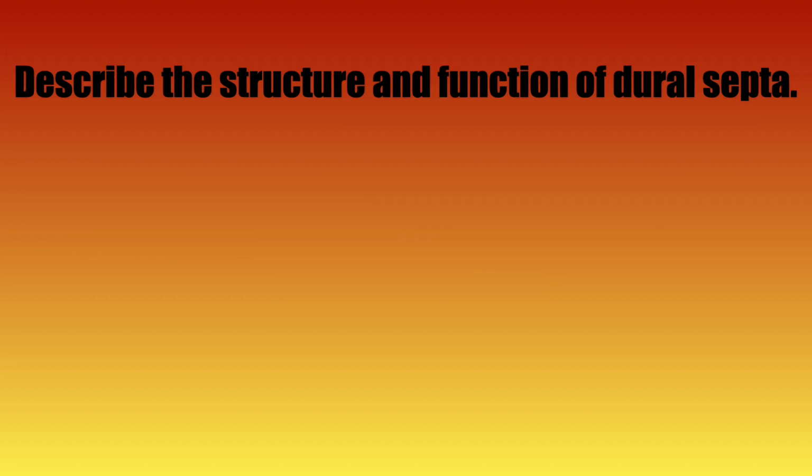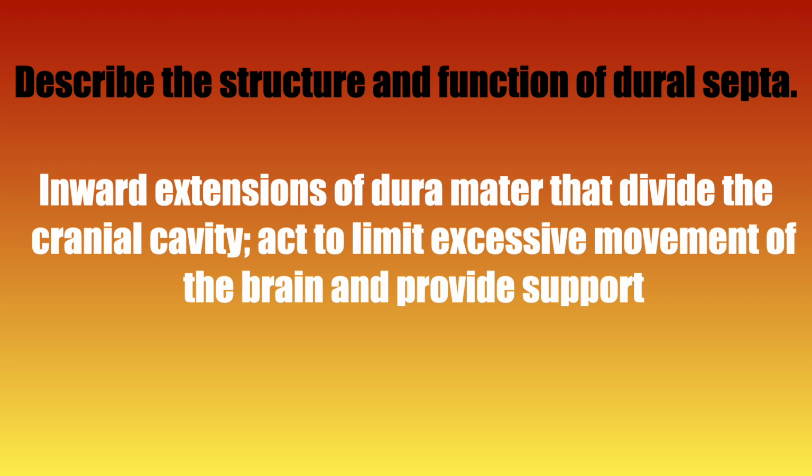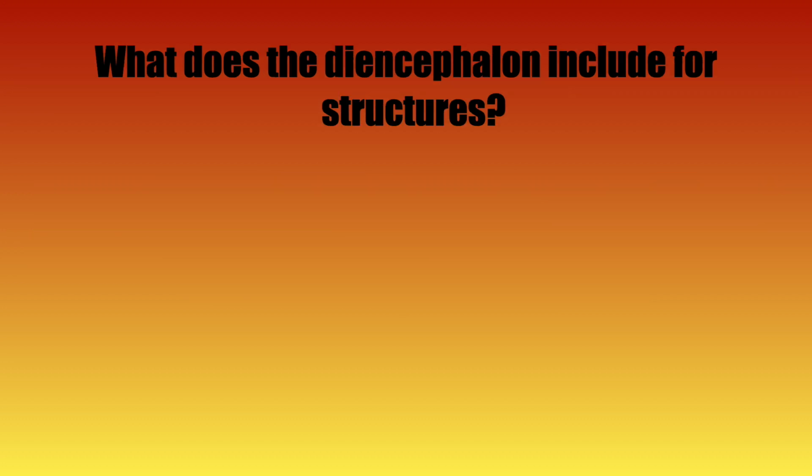Describe the structure and function of dural septa. The answer is inward extensions of dura mater that divide the cranial cavity and act to limit excessive movement of the brain and provide support.